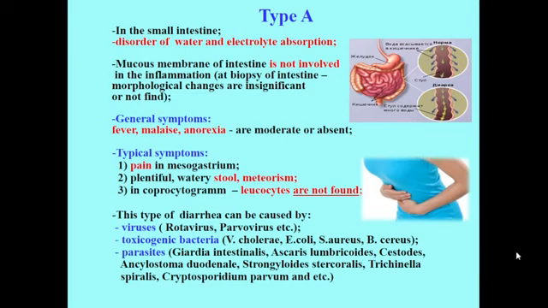This type of diarrhea can be caused by viruses, rotavirus, parvovirus, toxigenic bacteria like Vibrio cholerae, Escherichia coli, Staphylococcus aureus, Bacillus cereus, and some parasites: Giardia intestinalis, Ascaris lumbricoides, cestodes, Ancylostoma duodenale, Strongyloides stercoralis, Trichinella spiralis, Cryptosporidium parvum, and etc.